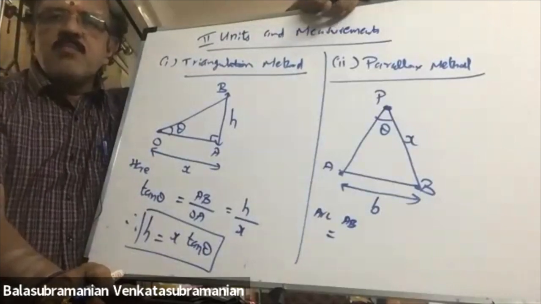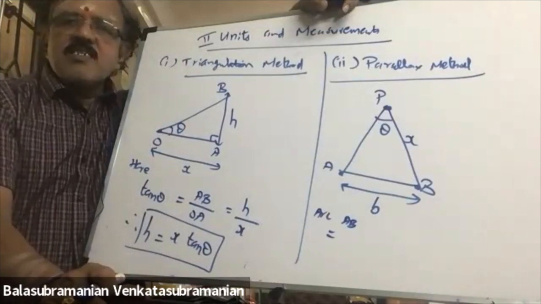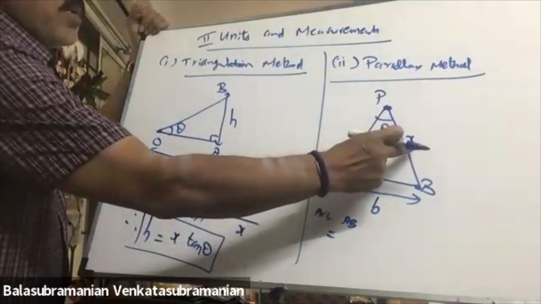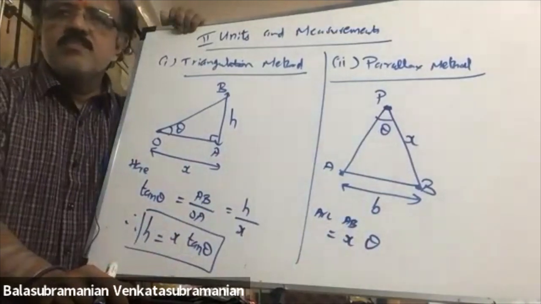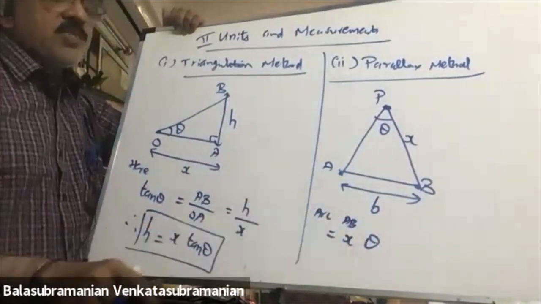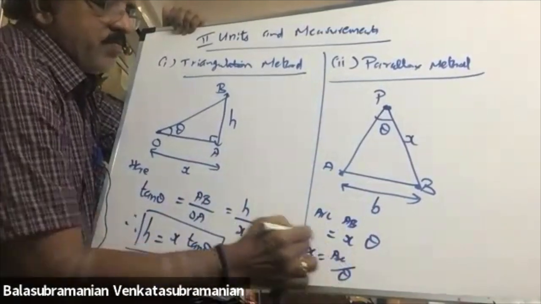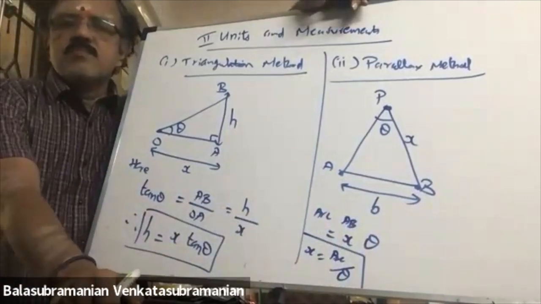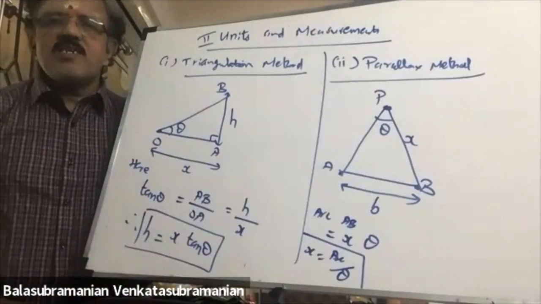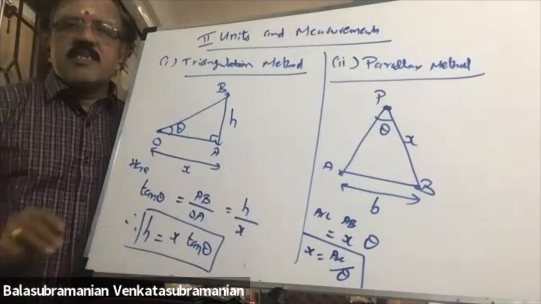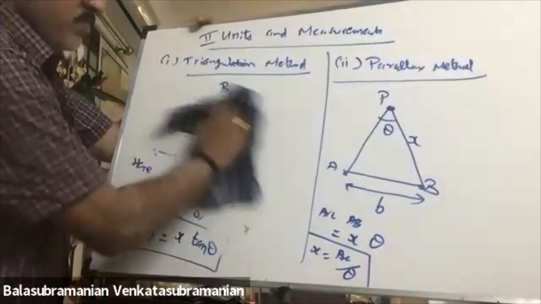The angle subtended here is theta and the radius is x, so arc AB is equal to x theta. So x is equal to arc by theta, you can calculate. Simple. This is called the parallax method. All these things I am giving only as an introduction. Okay. Fine. Next.